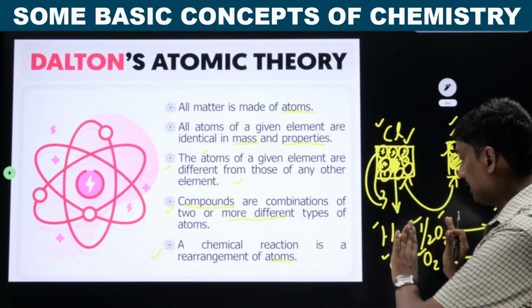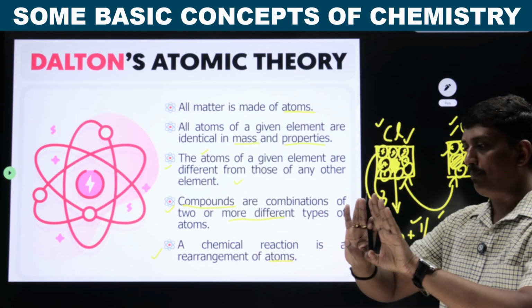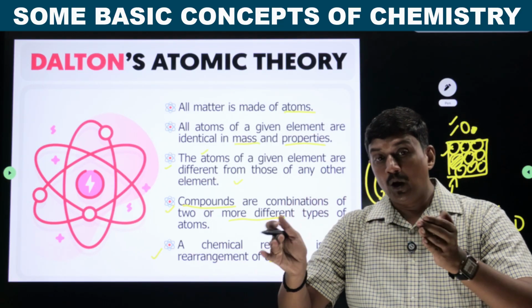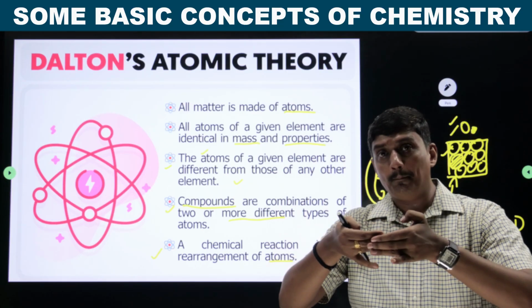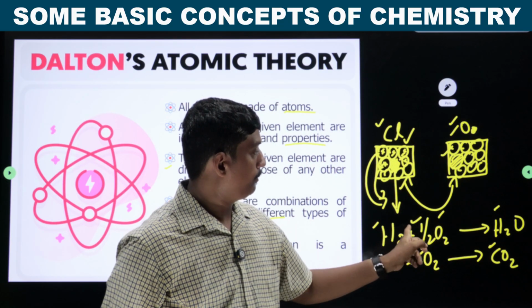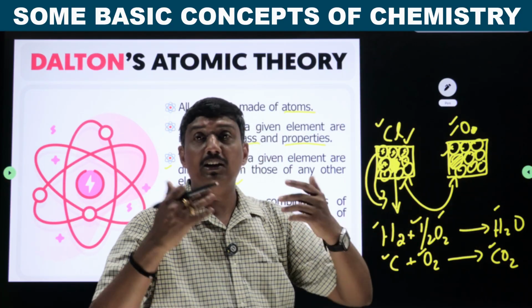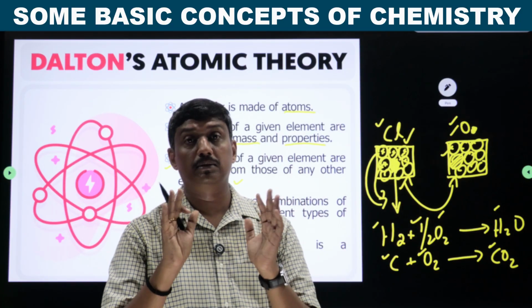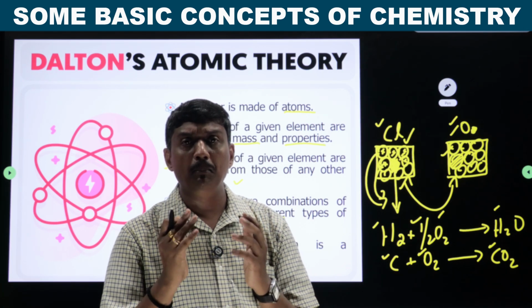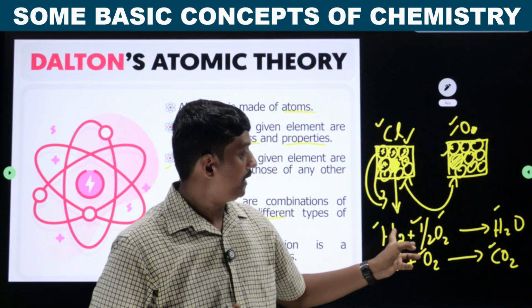Hydrogen in its pure form and oxygen in its pure form show different properties. When these two combine to give water, the compound obtained from these two exhibits a difference in the properties. Why? What made it show a difference in the property?